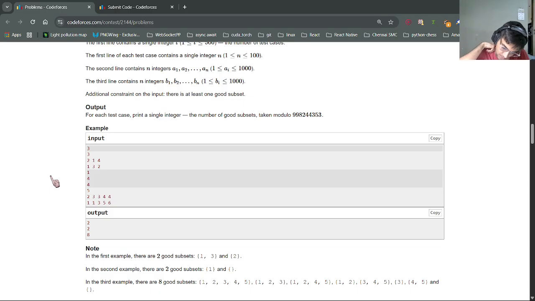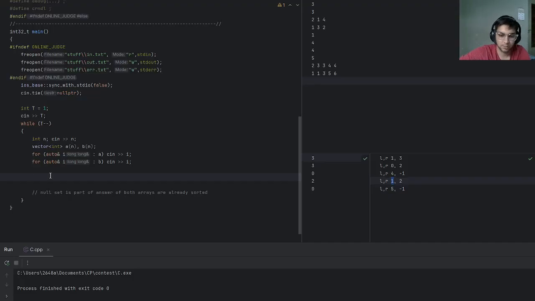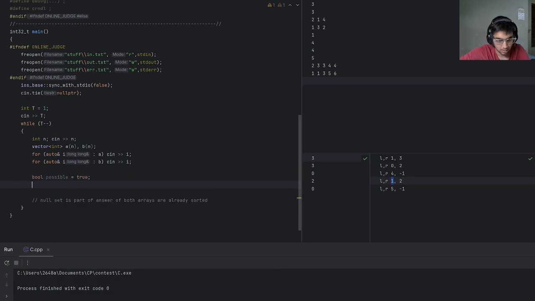So what minimum goes, basically, for all indexes, next index, first of all, it's possible. And let's try.